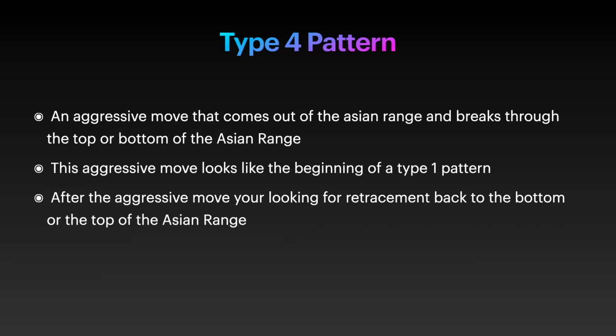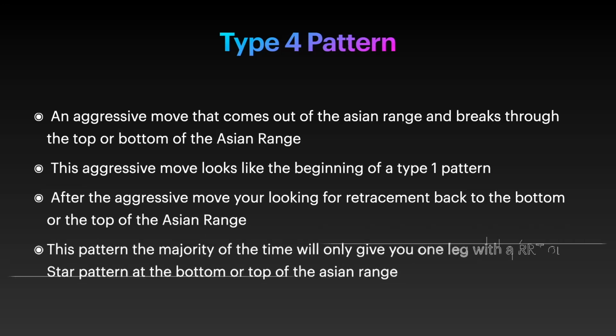And the same thing as a type 3, this pattern the majority of the time will give you only one leg. And it'll typically end in a railroad track, star pattern, cord of wood. Typically it's just a railroad track or star pattern. So you get almost like a one-time opportunity to get into this trade.